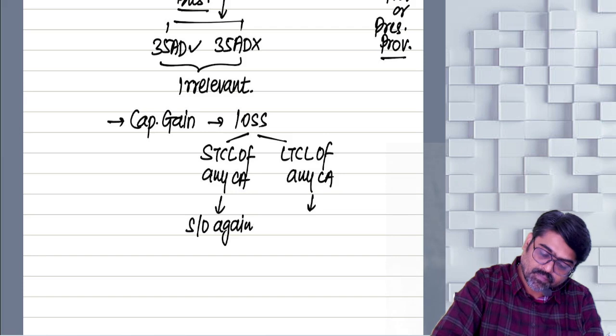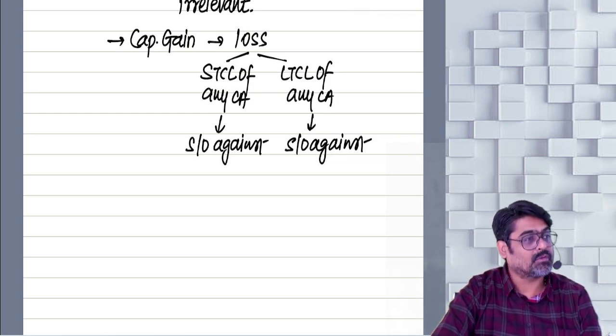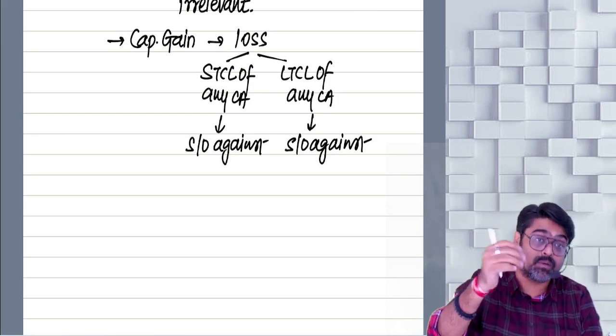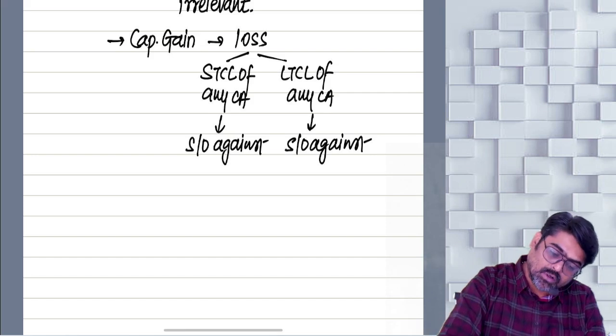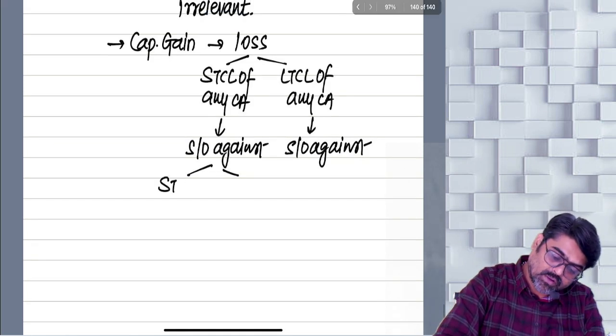Against. First of all, I have told you that long term only against. Long term cannot be set off against short term, and short term can be set off against short term also. And if still some loss remains, it can be set off against long term also. Yes or no? So short term capital loss can be set off against short term capital gain. Yes or no?